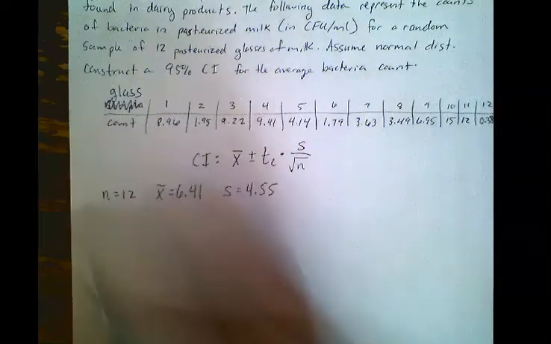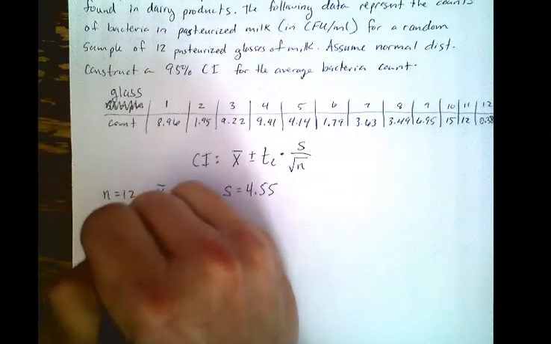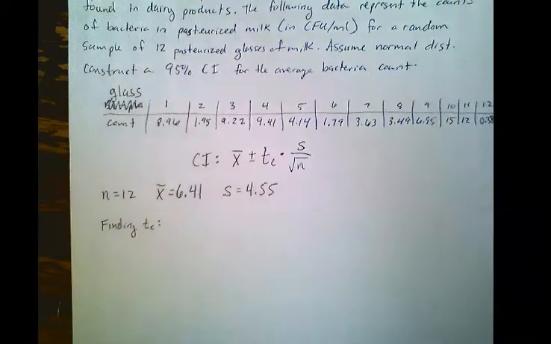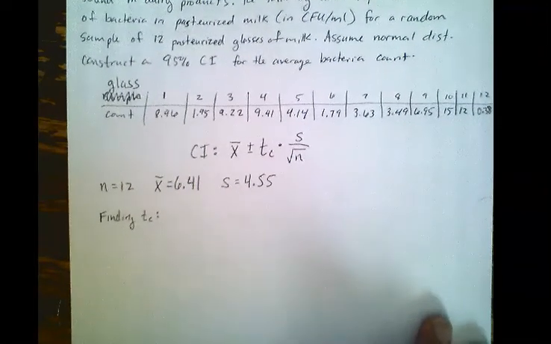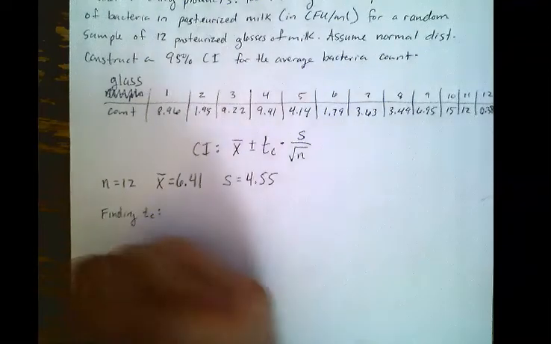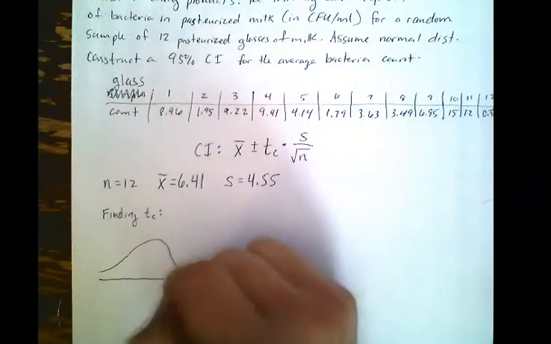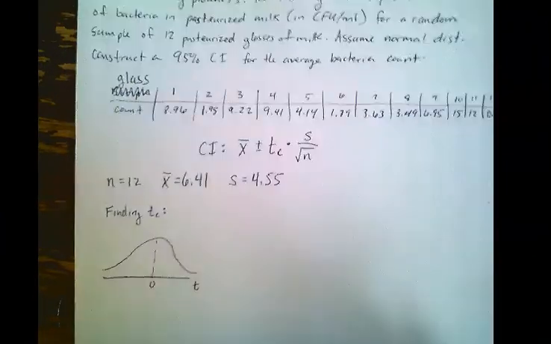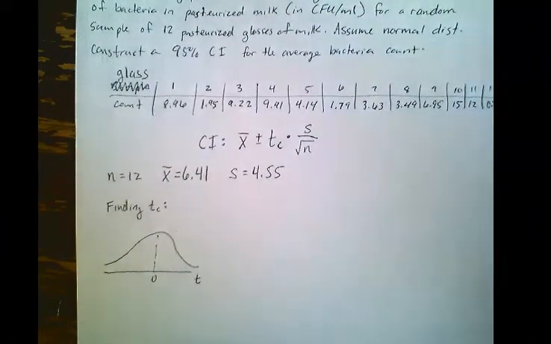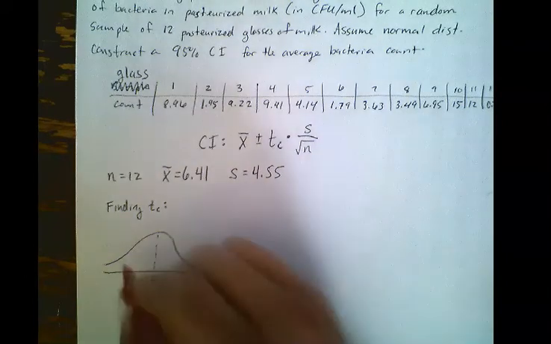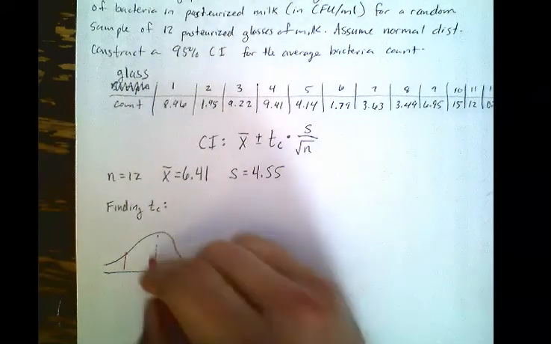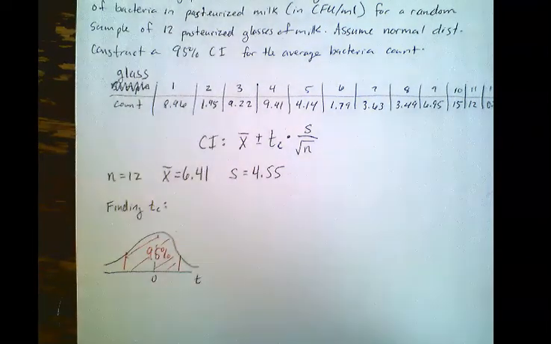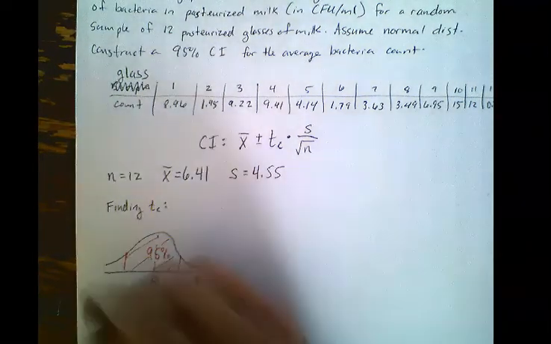So finding t criticals, of course, we want to do a picture and use inverse t. So here is our t distribution, 0 is our mean. And we're doing a 95% confidence interval, so 95% is between each of the unknown t values that we want.